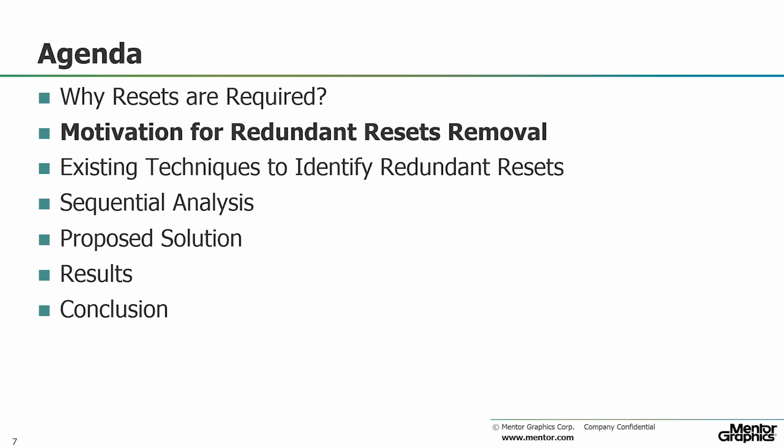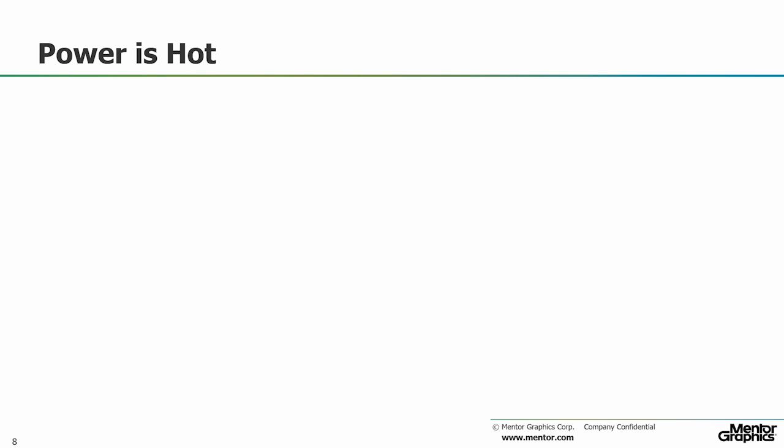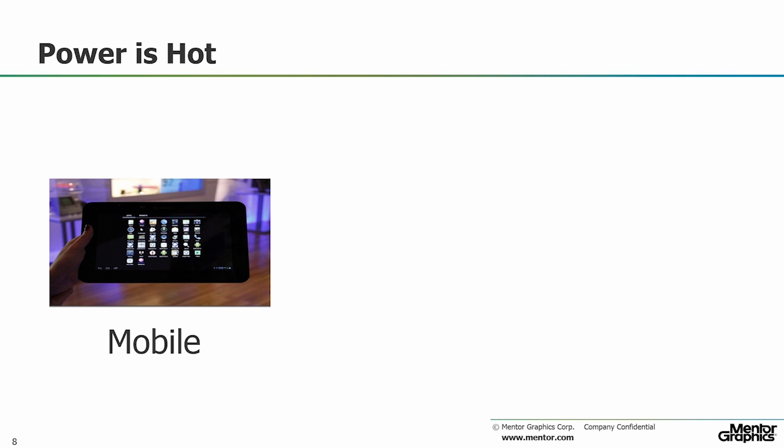Having established the need for the reset in the design, let's look at the motivation for redundant reset removal. Indeed, as the title suggests, power is hot. Be it the mobile communication domain or even the mobile computing domain, where on the power dissipation side, heat is a hindrance for mobility, while on the energy consumption side, battery life is of extreme importance.